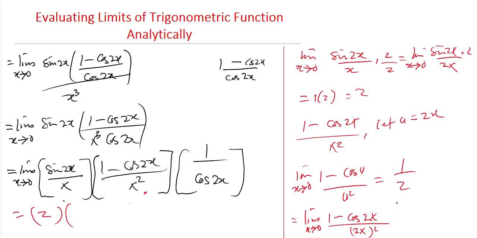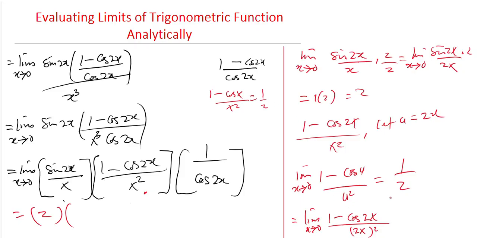Okay, and to have this in standard form, you can see we have to replace this 2. All right, if you look at what we are looking for is this, right? So to make this in standard form, because the standard form is 1 minus cos x all over x squared, that is 1 over 2.